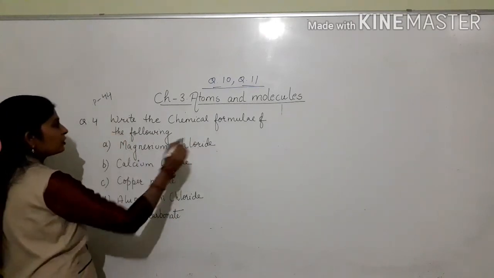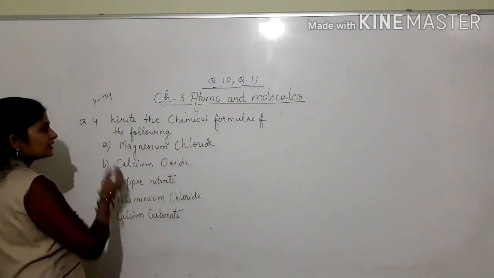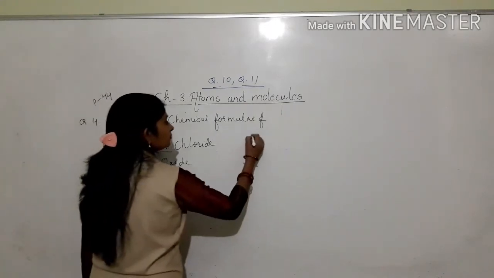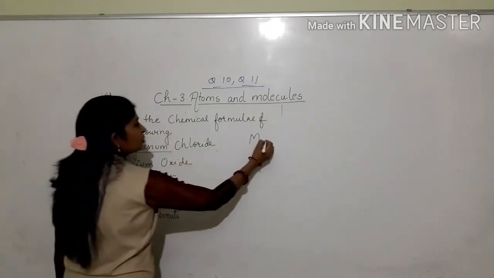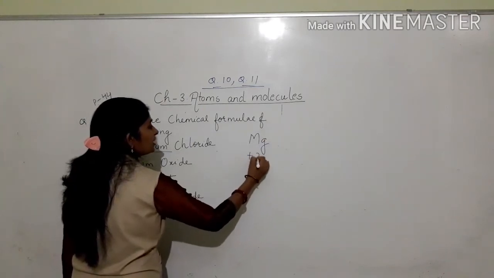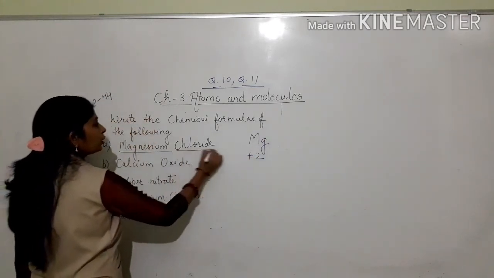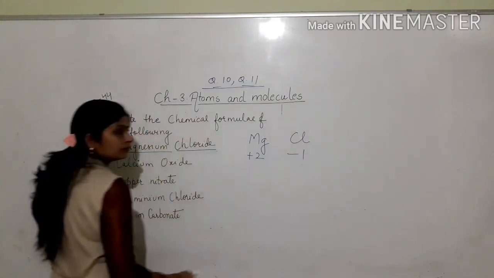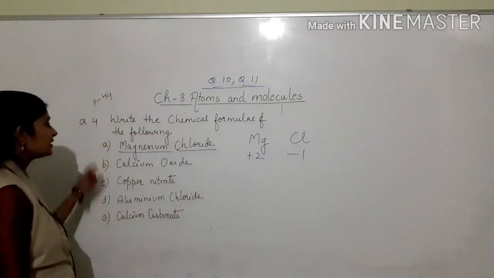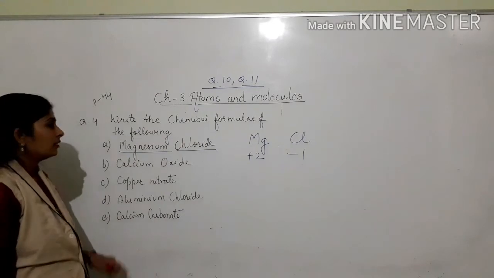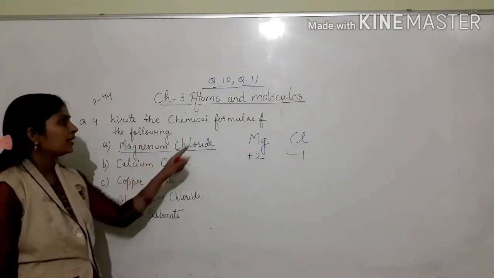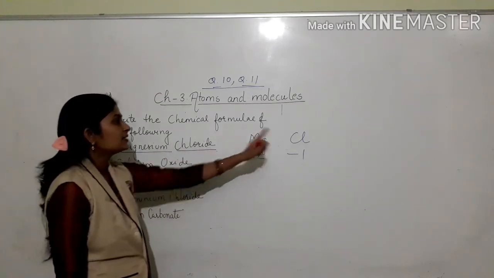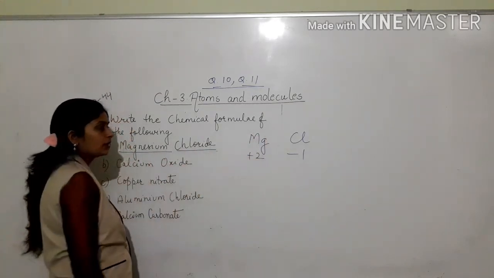So magnesium chloride, as the name suggests, here is magnesium ion Mg having charge +2. Then chloride ion Cl having charge -1.